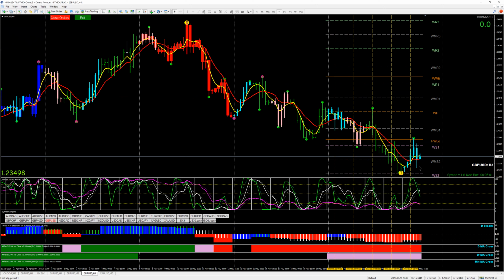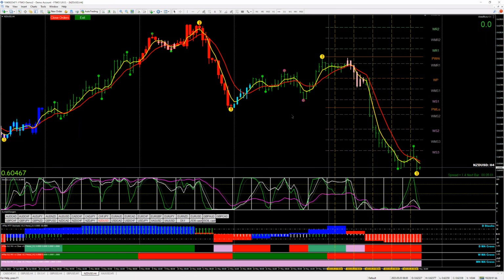NZD yen. NZD yen is swinging down, daily swings down, and there's your short. NZD dollar, weekly swinging south, daily joins in, and that becomes a trade.